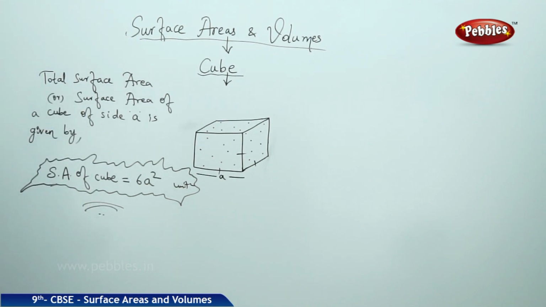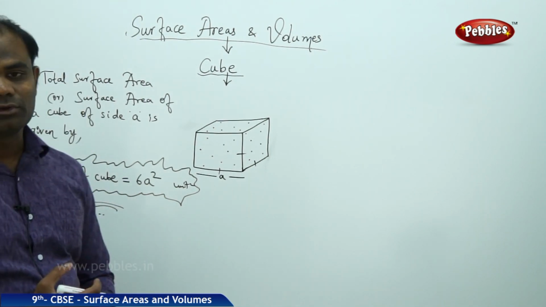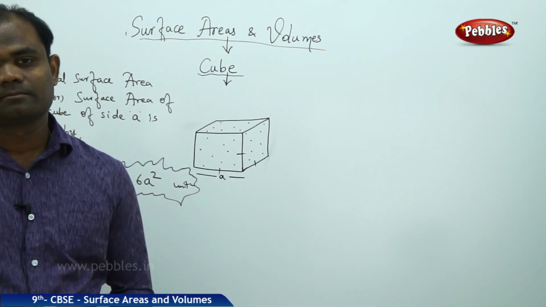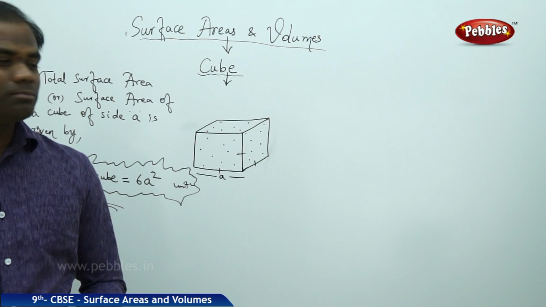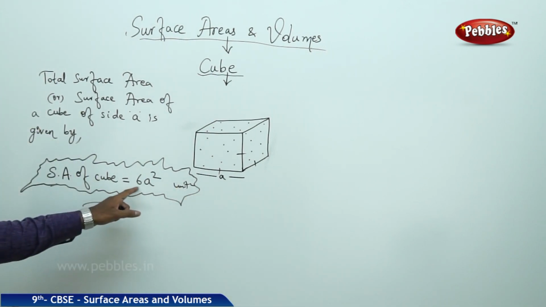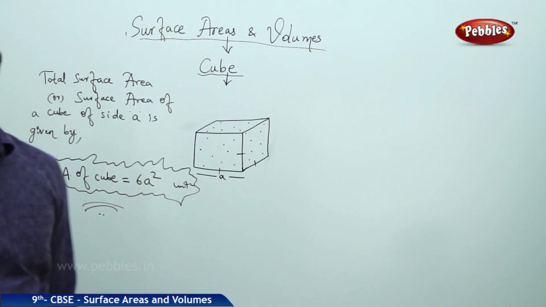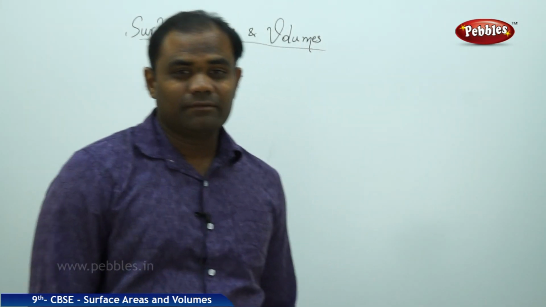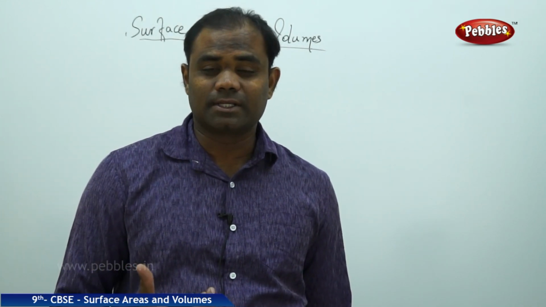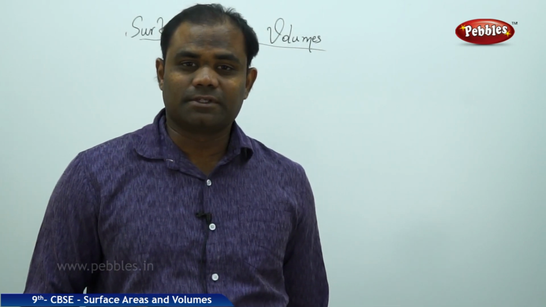That's how we understand the surface area of a cube as 6a square unit square. If I have a cube of side A, I can find the surface area by using the formula 6 times a square. Now that we have discussed a cube and also finding the surface area of a cube using the formula 6a square, let's see an example problem as an application of the surface area of a cube.